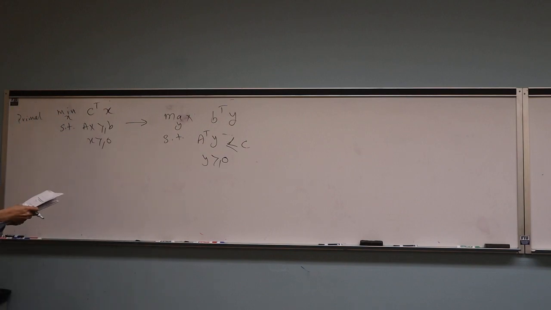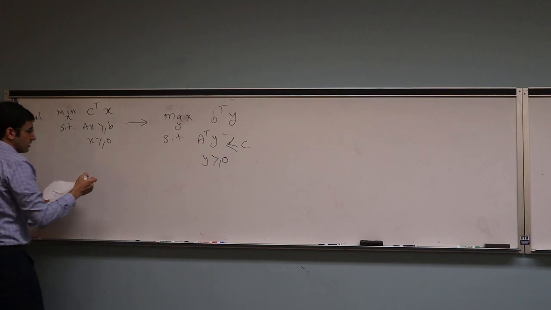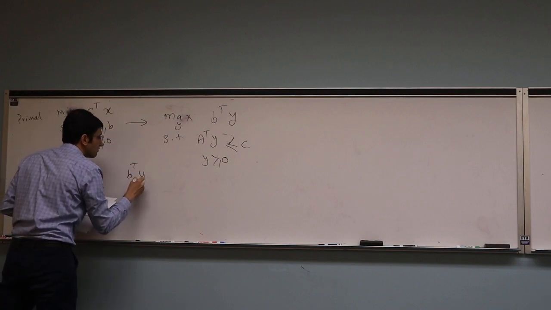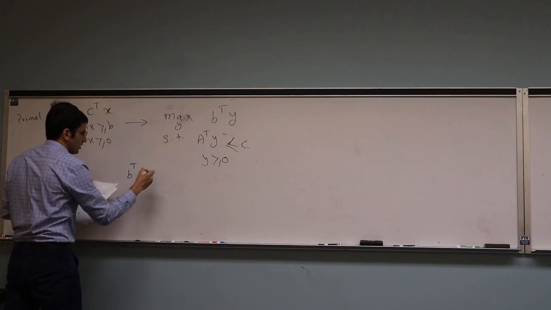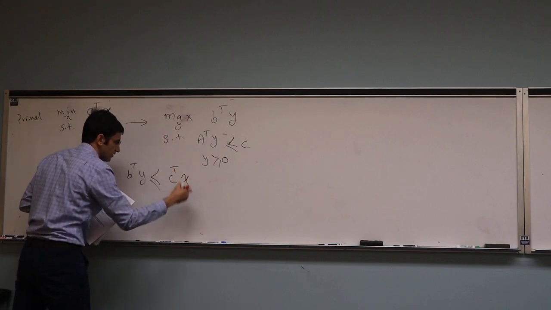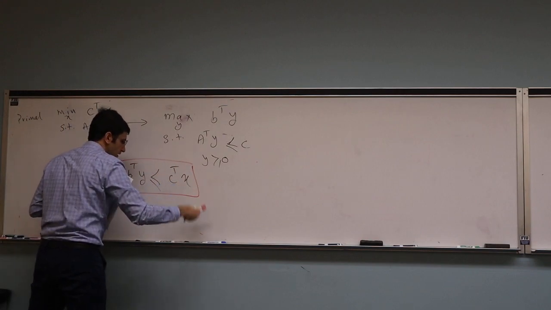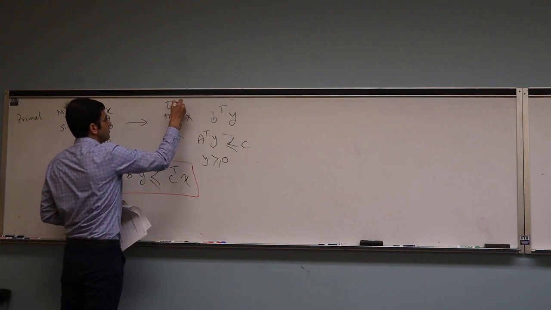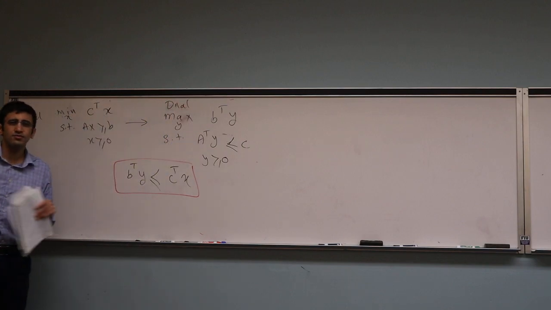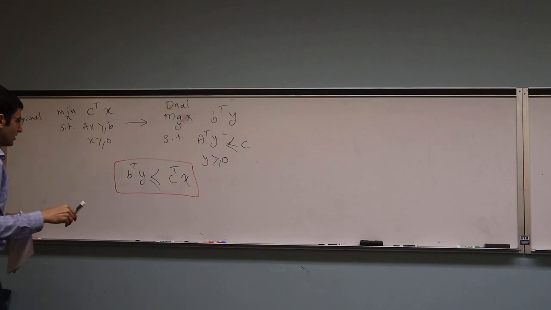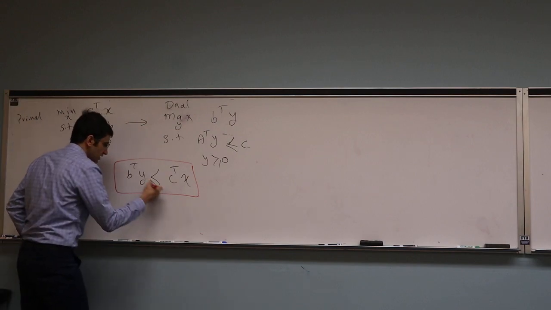Alright, so the key idea is B transpose Y is always less than or equal to C transpose X. This is the key notion for primal and dual problems. This is going to hold even in nonlinear programming. So this is the value of objective function.